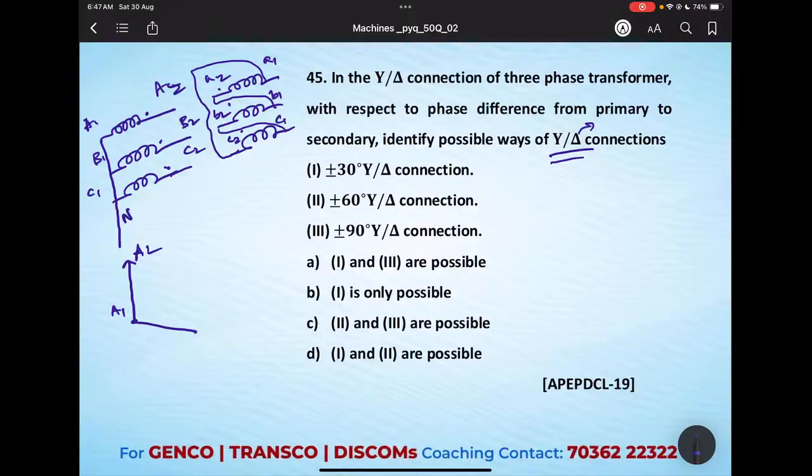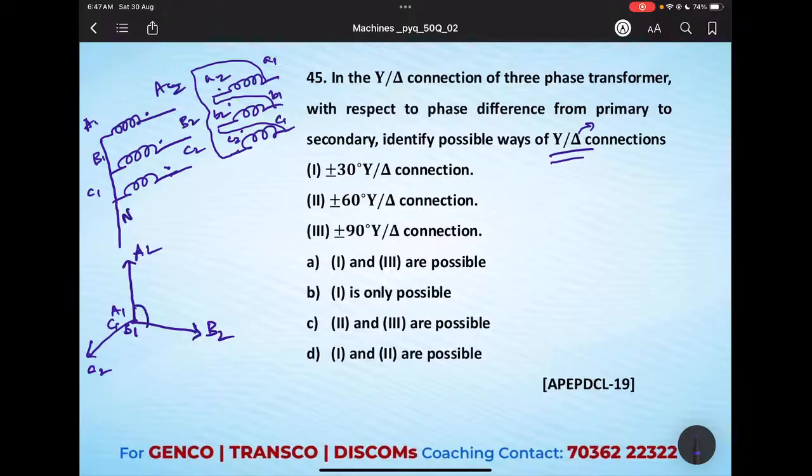This will be A1. A1 is connected to the B1, so it will be B2. Okay, B1 is connected to the C1, it will be C2. Is it clear? This is the primary side phasor diagram.